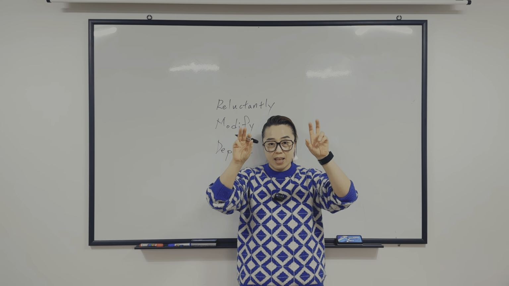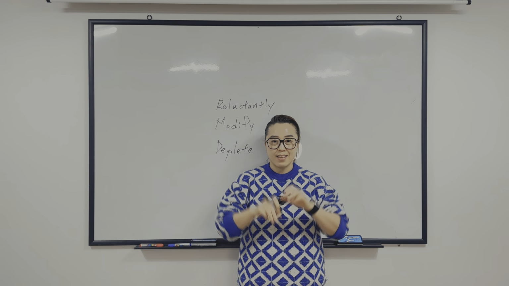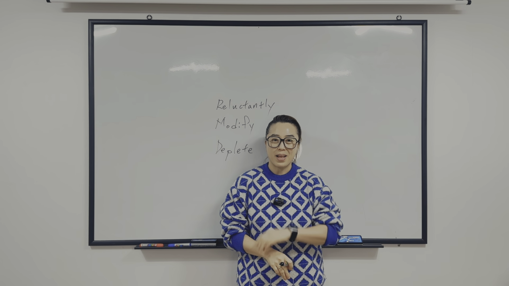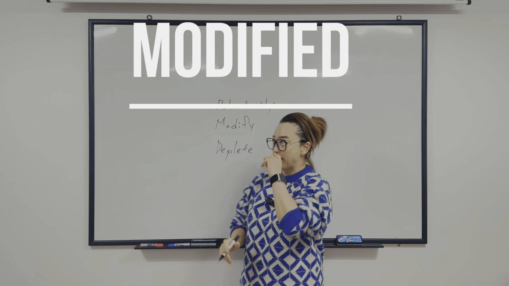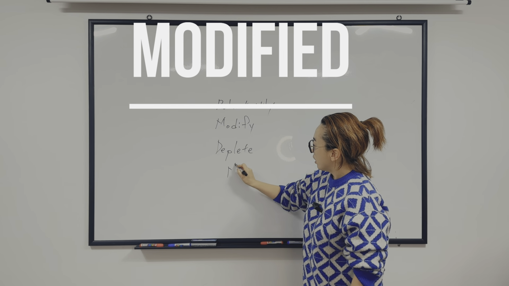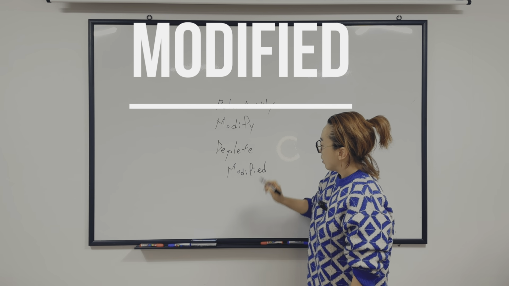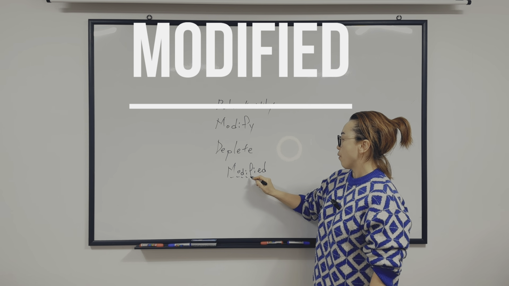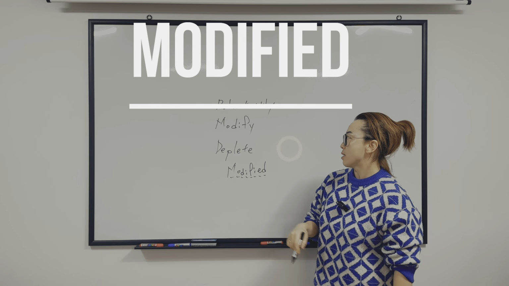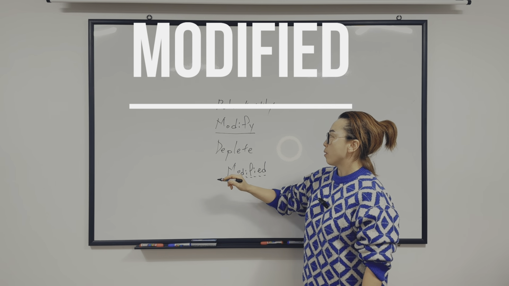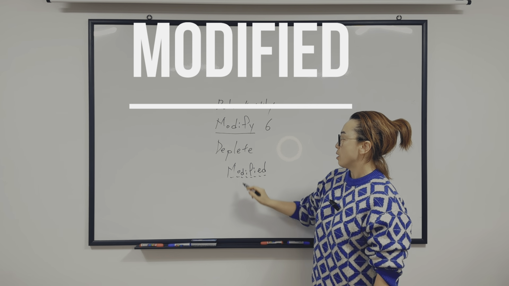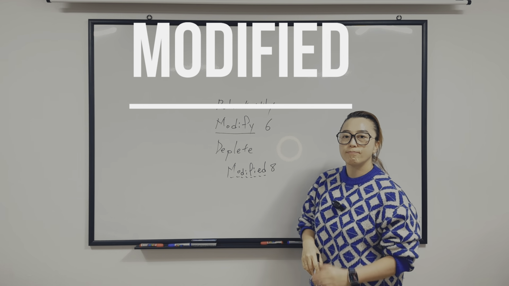And what is this blank? Start with the M. Modified, right? So here, one, two, three, four, five, six, seven, eight. The original verb form has 6 letters, but this one has 8 letters.